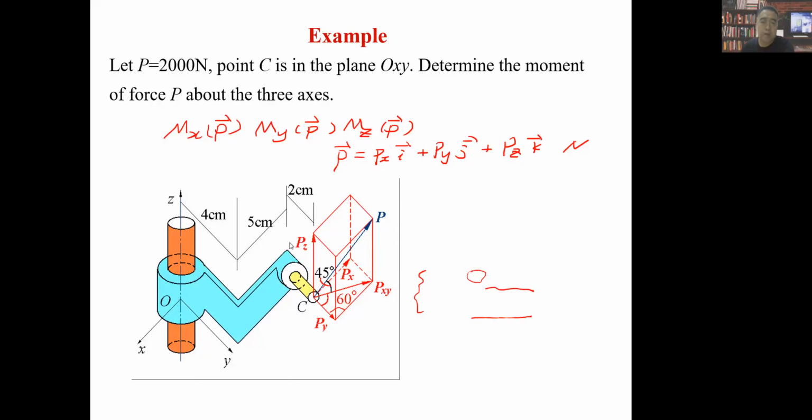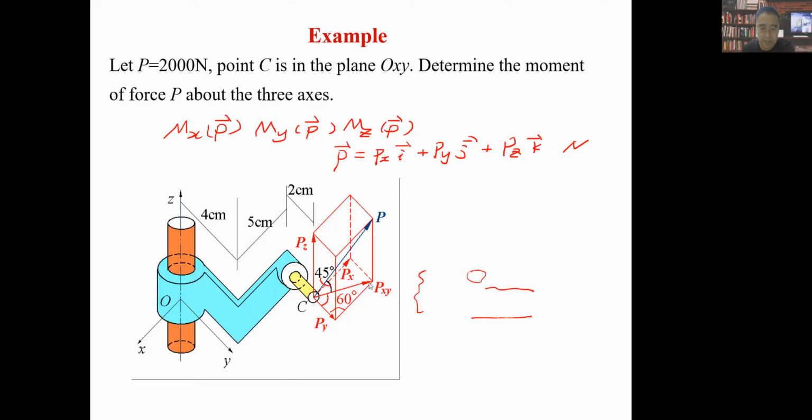Then, if we want to calculate the moment of force P about axis Z, it's the same thing as calculating the moment of force Pxy about point O, the point where the axis meets the plane perpendicular to axis Z. That's how we change the calculation of the moment of a force about an axis into the moment of a force about a point.